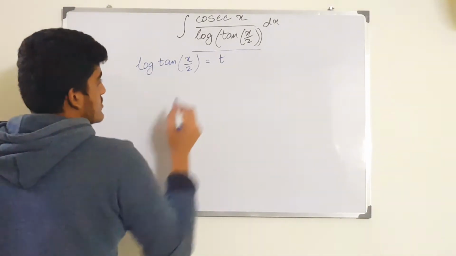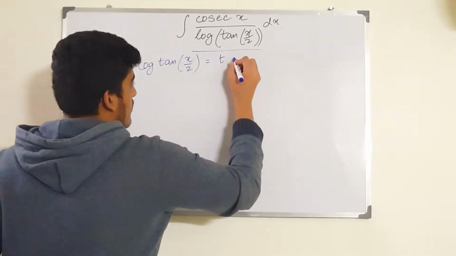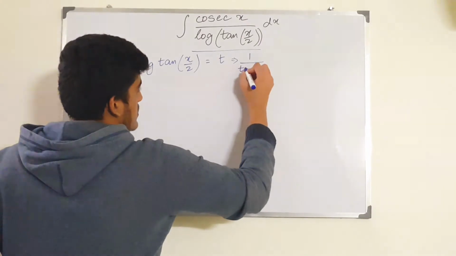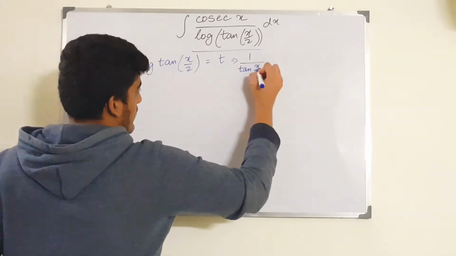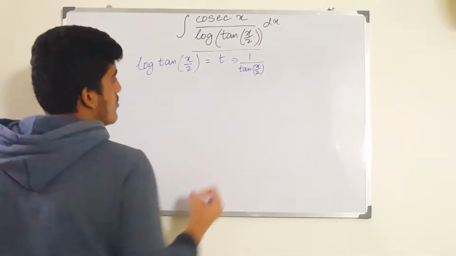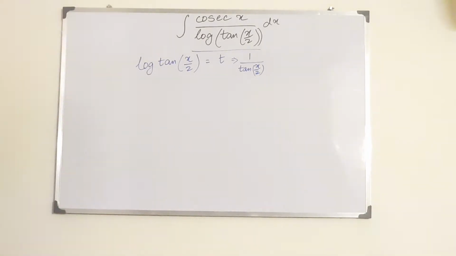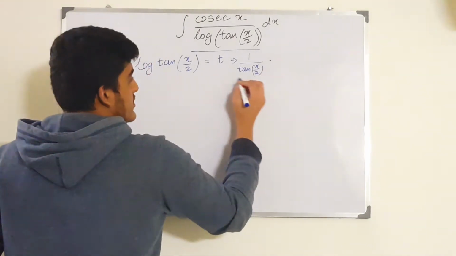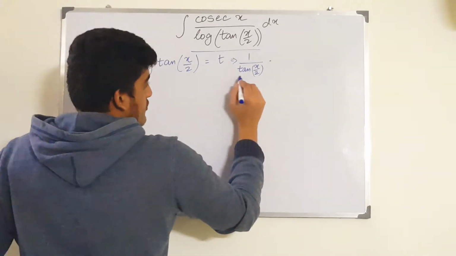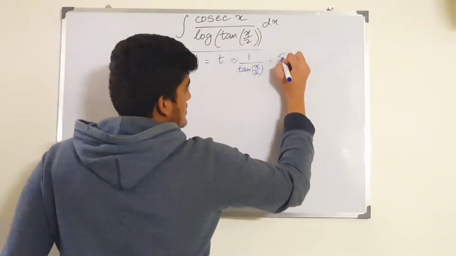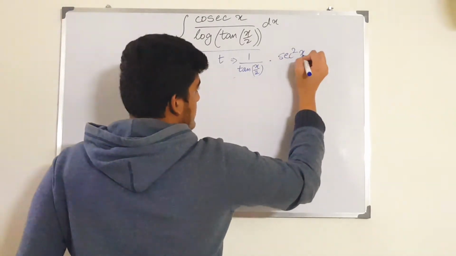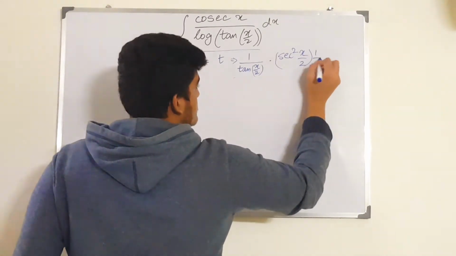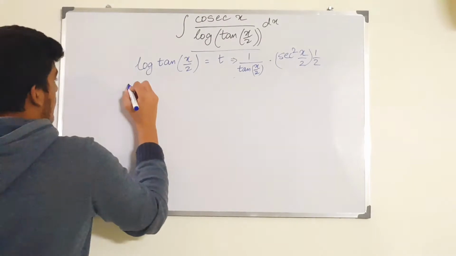When we differentiate both sides, what we have is 1 by the tan of x by 2, multiplied by the differentiation of tan x by 2, which is sec square x by 2 into half.